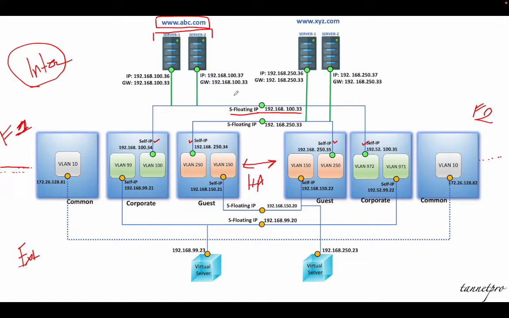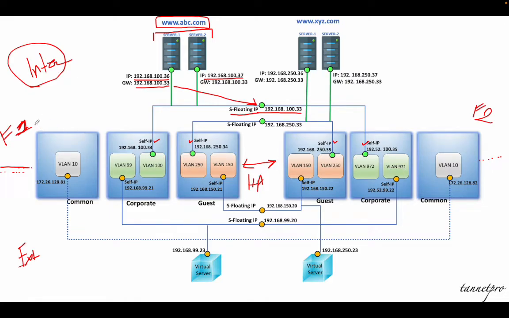Yeah. So here your node IPs are 37 and 36, right? But try to understand, your server gateway is the virtual IP address, in the sense your self floating IP address, so that whichever physical box is available, it will send to that particular box.